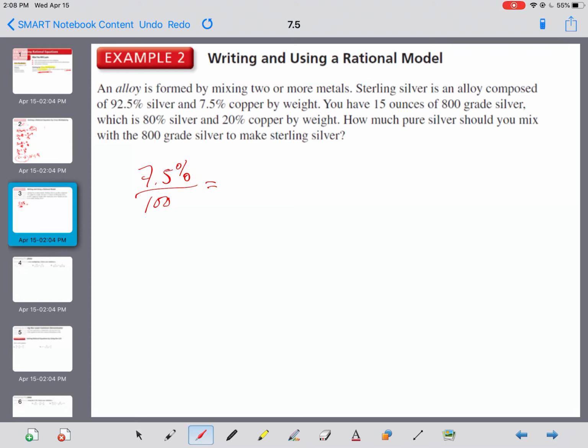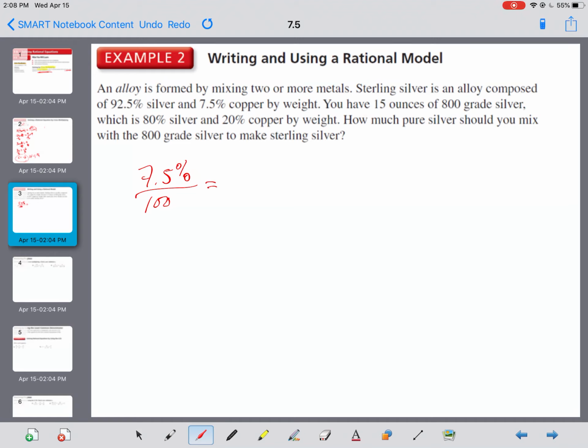So we're going to compare it to how much is in there and how much silver we need, right? We already know where it is, right? So we're just picking one of these that it needs to be. And what we know, we have 15 ounces of silver, so how much do we need to add to get a ratio that turns it into 7.5 out of 100?